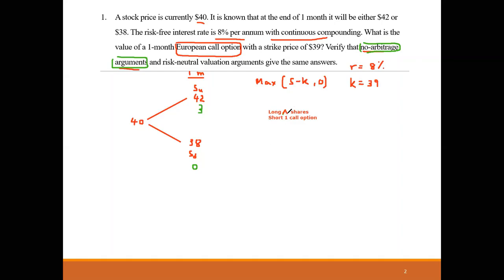We do not know the number of shares in which we would take a long position. We create a portfolio by taking a long position in shares and a short position in one call option, right?